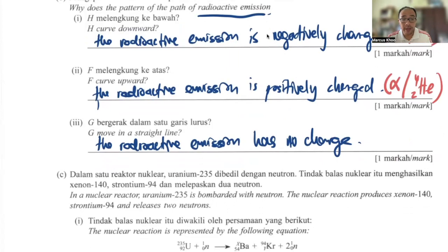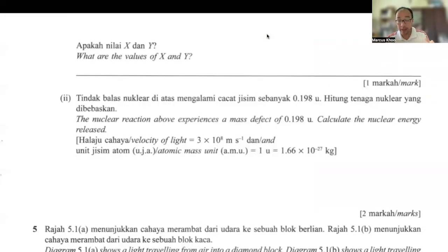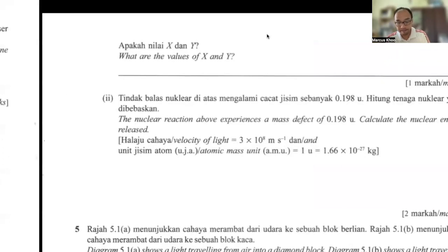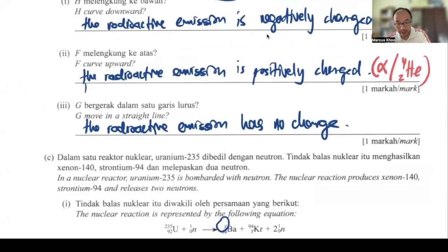In a nuclear reactor, uranium-235 is bombarded, etc. You notice that there's an X over here and a Y over here. Probably the next question will be, what are the values of X and Y? The values of X and Y can be determined by making sure the left and the right side are the same number.